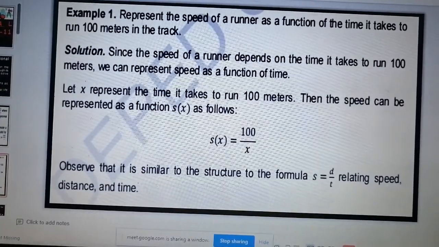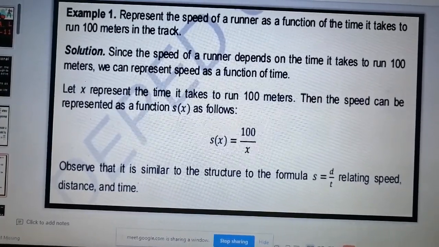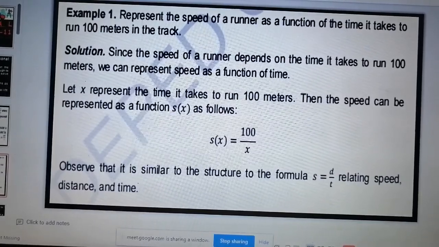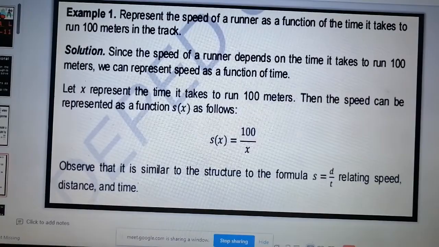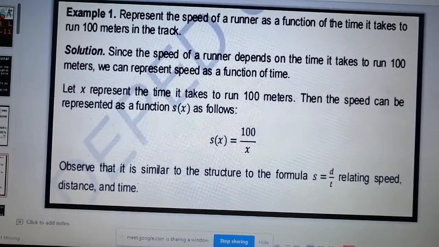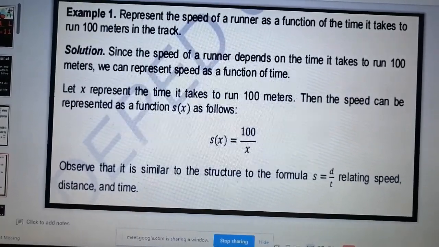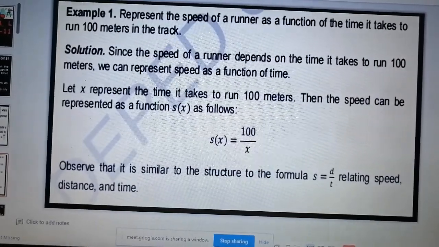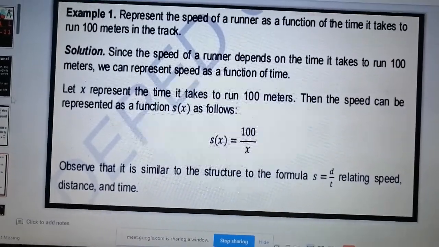S(x) is equal to 100 divided by x. Ang x ay time. Observe that it is similar in structure to the formula S is equal to D divided by T, relating speed to distance and time.